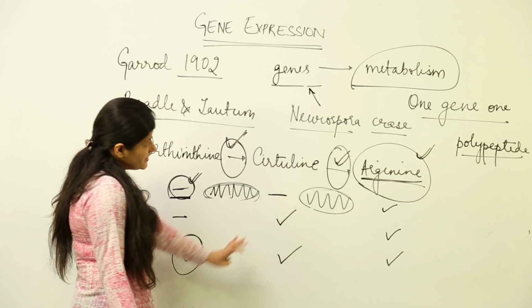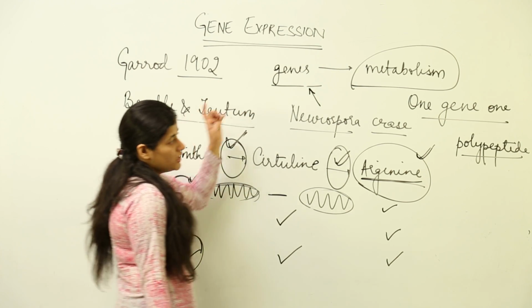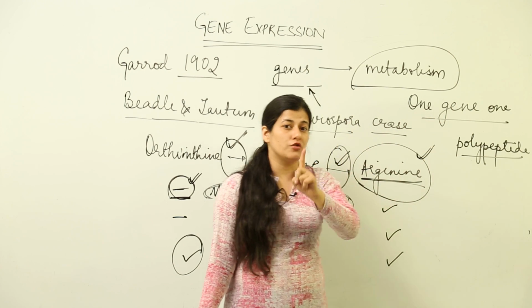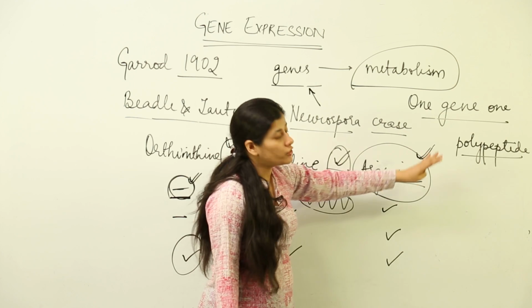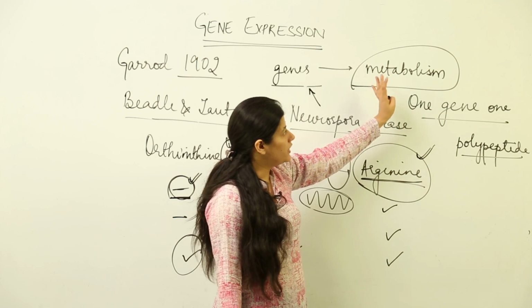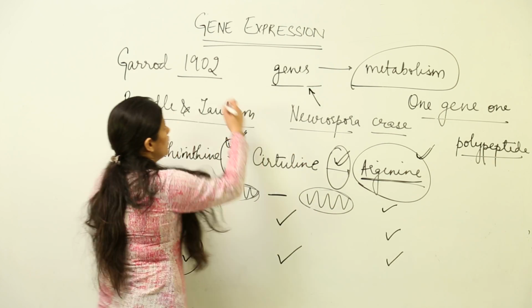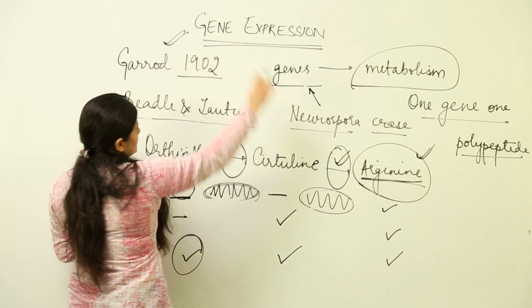So, this experiment proposed that one gene controls the production of a polypeptide, which could play an important role in the stages of the metabolic process. This is how the gene expresses itself.